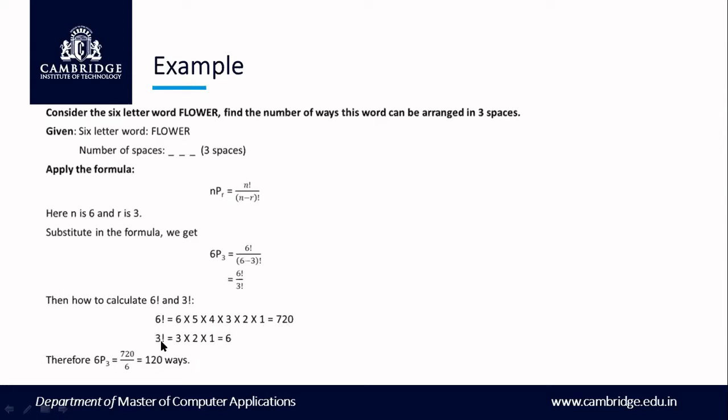Similarly, 3 factorial is 3 into 2 into 1, which equals 6. Substituting these, we get 720 divided by 6, which is 120 ways. So there are 120 ways to arrange the word FLOWER in the 3 given spaces.